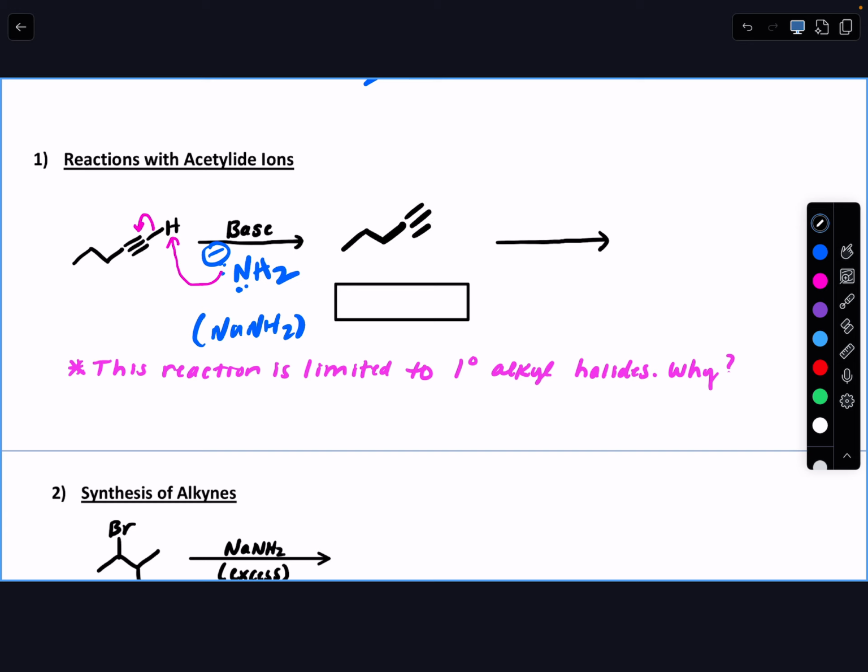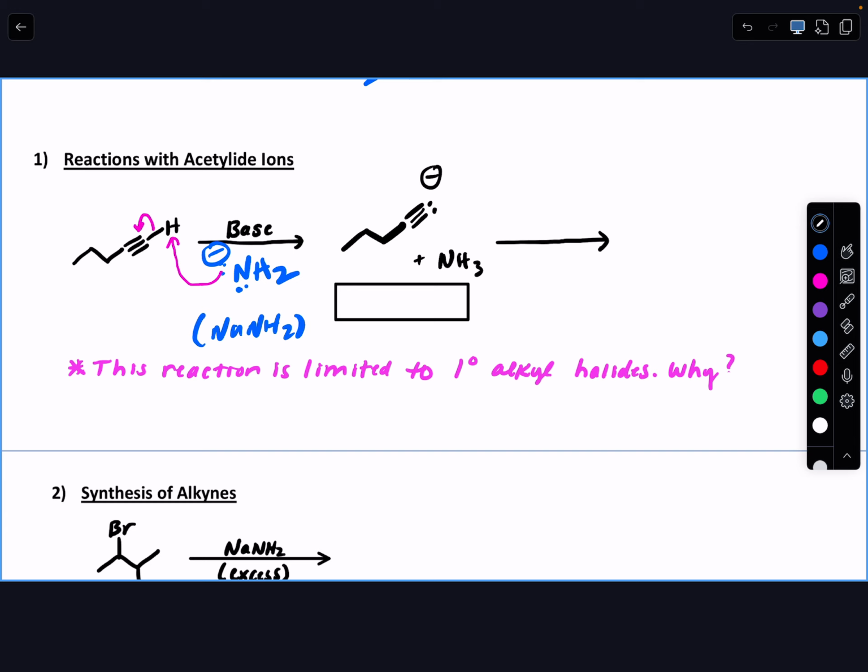We've not landed a negatively charged lone pair on a carbon atom before, because it's not stable outside of an alkyne. And then the other product would be neutral NH3.